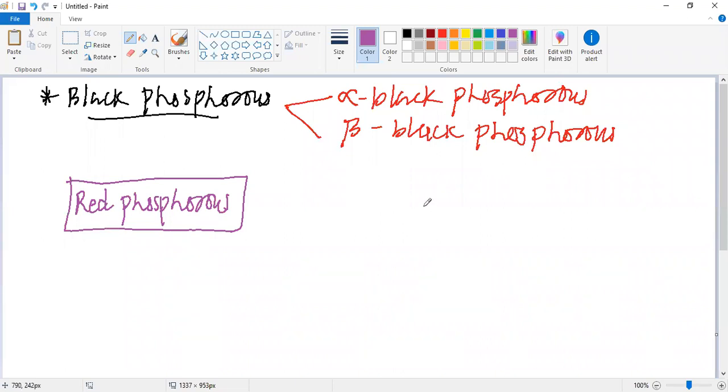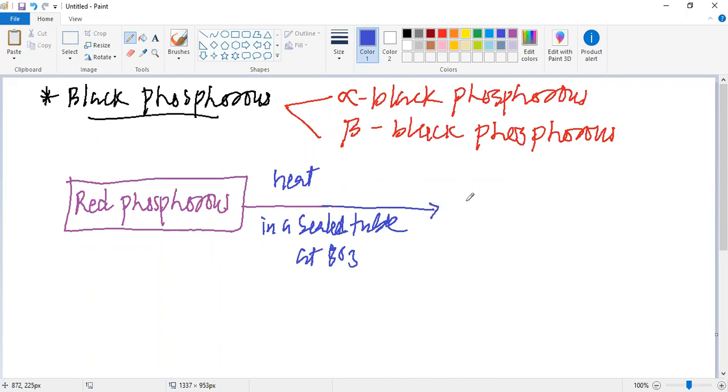This red phosphorus, dear students, is heated in a sealed tube at 803 Kelvin. So when this red phosphorus is heated in a sealed tube at 803 Kelvin, we simply get the alpha black phosphorus.